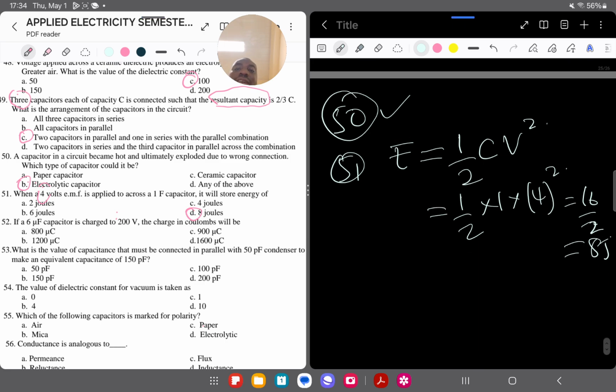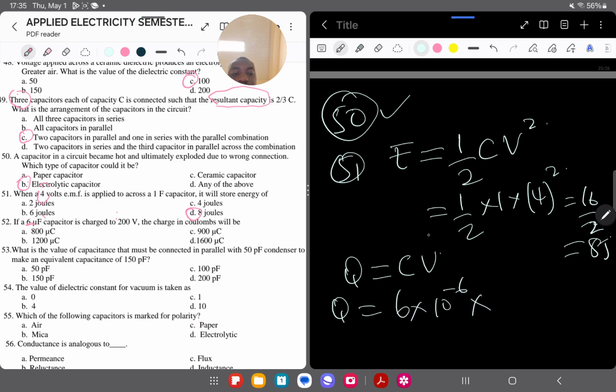So it's the same formula I wrote earlier, which is charge equals capacitance times voltage. So we have the capacitance equal to 6 microfarad, 6 times 10 to the power minus 6, times the voltage, which is 200.